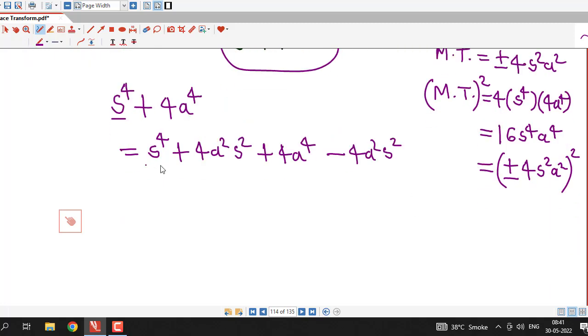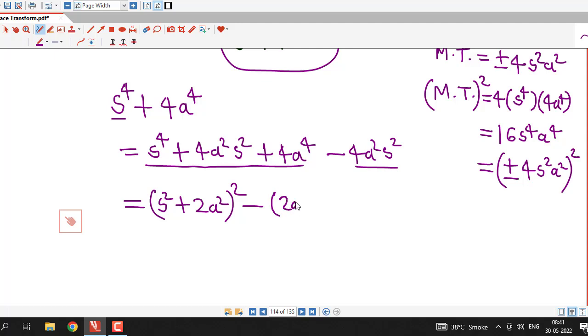Now these first three terms can be written as the square of s square plus 2a square, and this we can rewrite as the square of 2as.